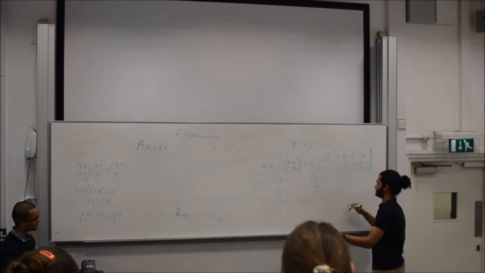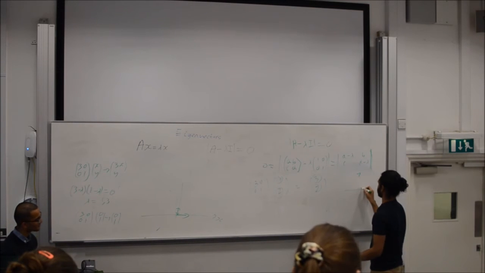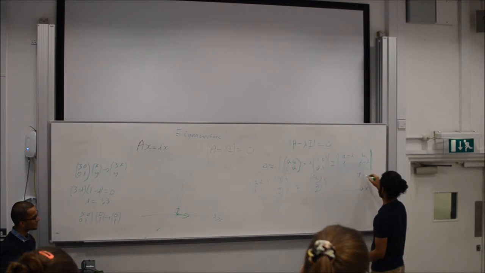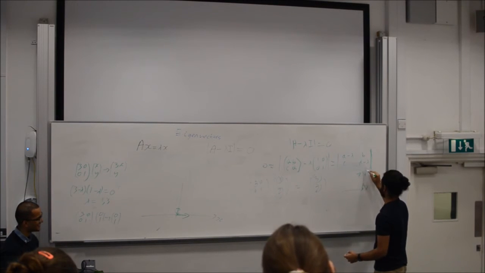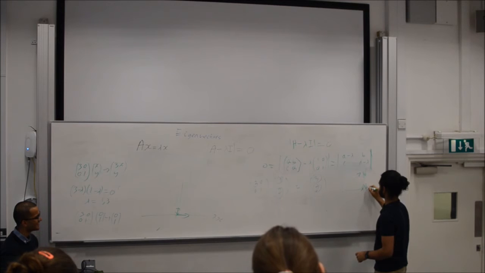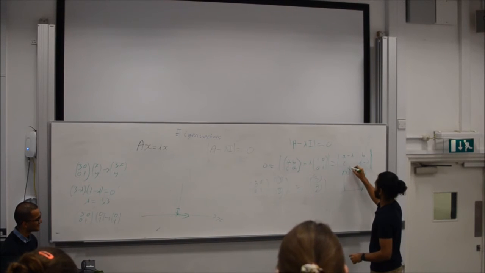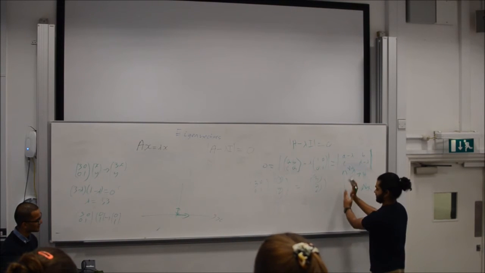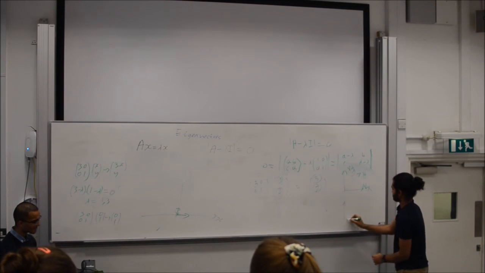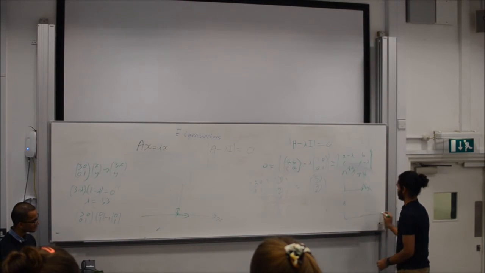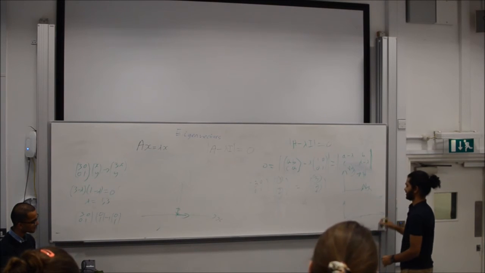If you have some vector like that, with an x component and a y component, Vy is just kept as it is, but the x component is scaled three times, and the resulting vector would be that.